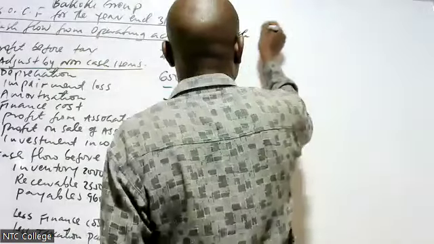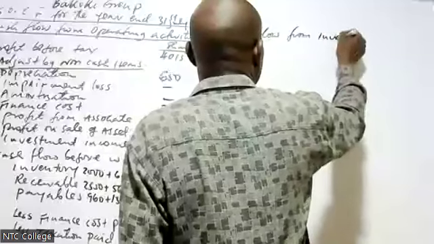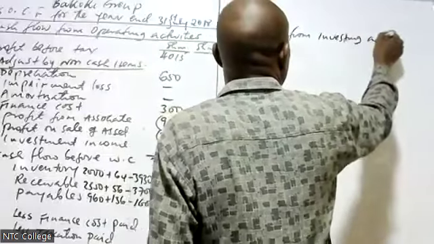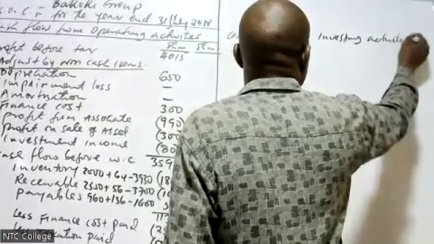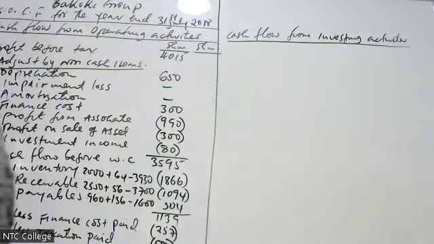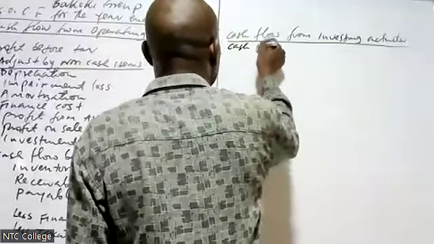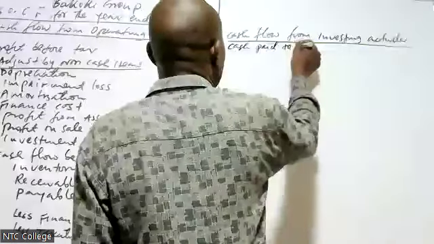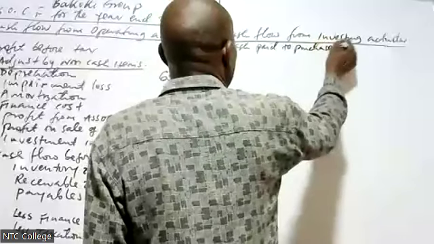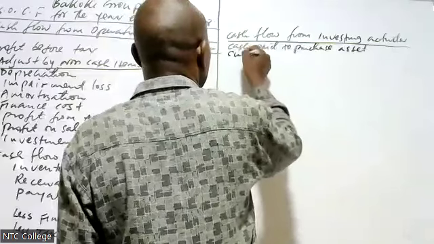Cash flow from investing activities, you underline. Here, I believe we understand which items go there. Cash paid to purchase assets.